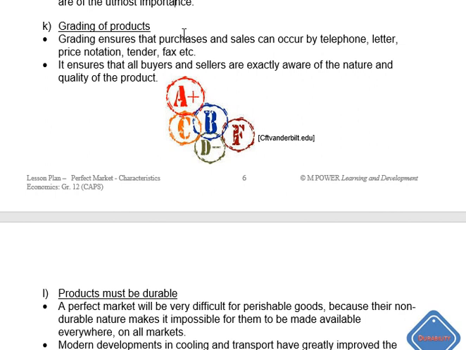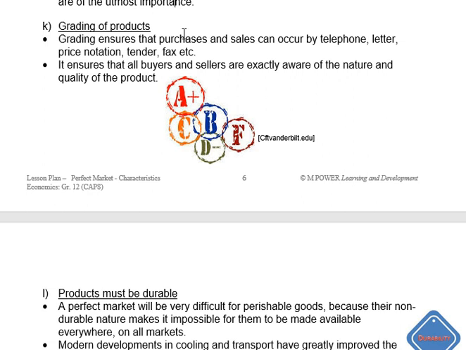So it means when we are grading goods and services, all buyers and all sellers know exactly what the nature and the quality of the product is without having to see the product and physically be able to touch and see this product.